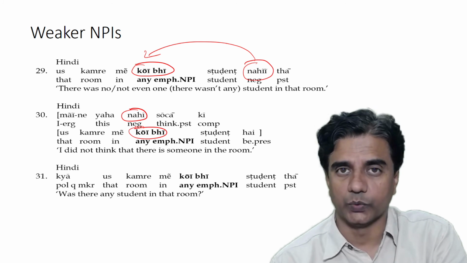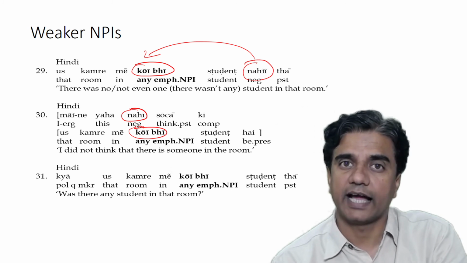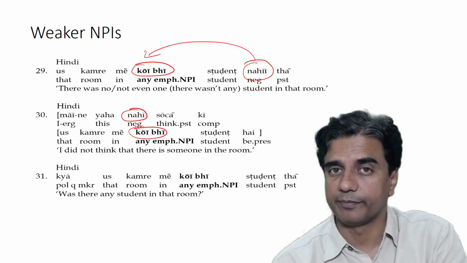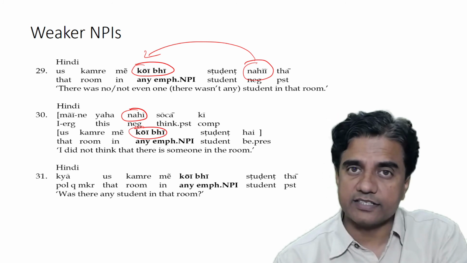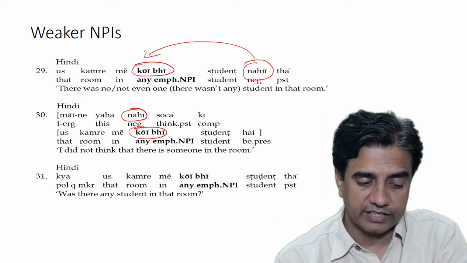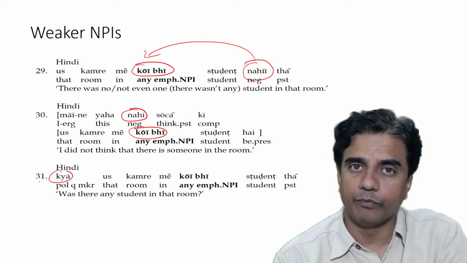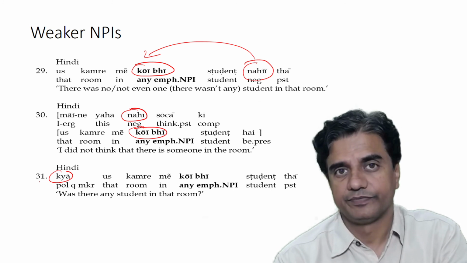What can we conclude? That this sentence is grammatical even in the absence of negation, which was not the case with the strong NPIs, only because a context like a question can license weaker NPIs but not stronger NPIs.